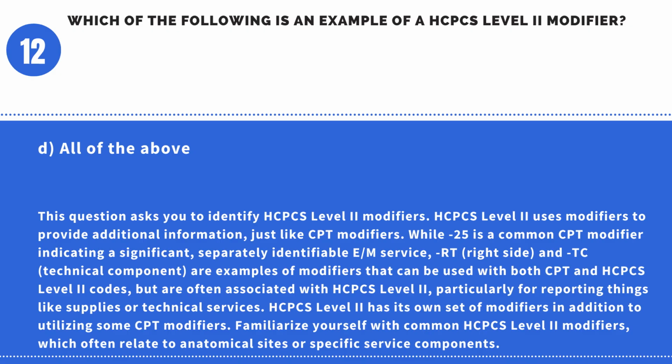HCPCS Level II has its own set of modifiers in addition to utilizing some CPT modifiers. Familiarize yourself with common HCPCS Level II modifiers, which often relate to anatomical sites or specific service components.